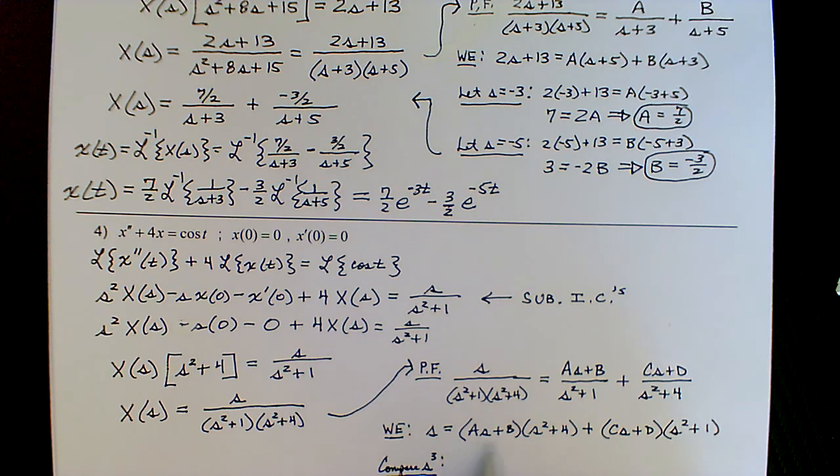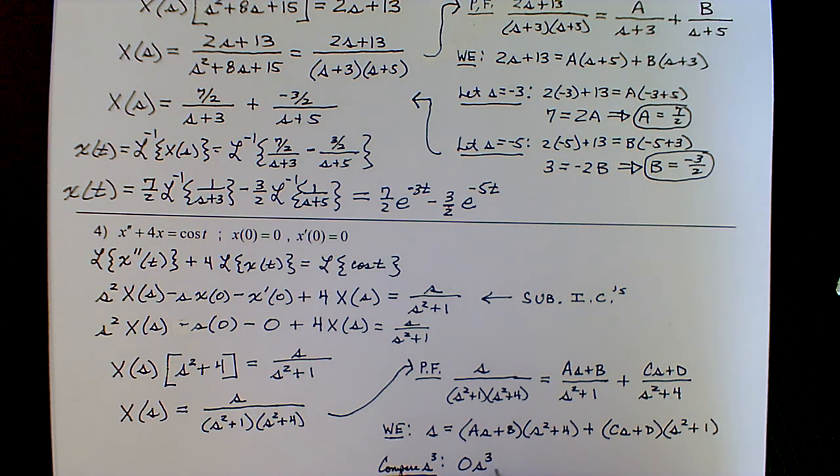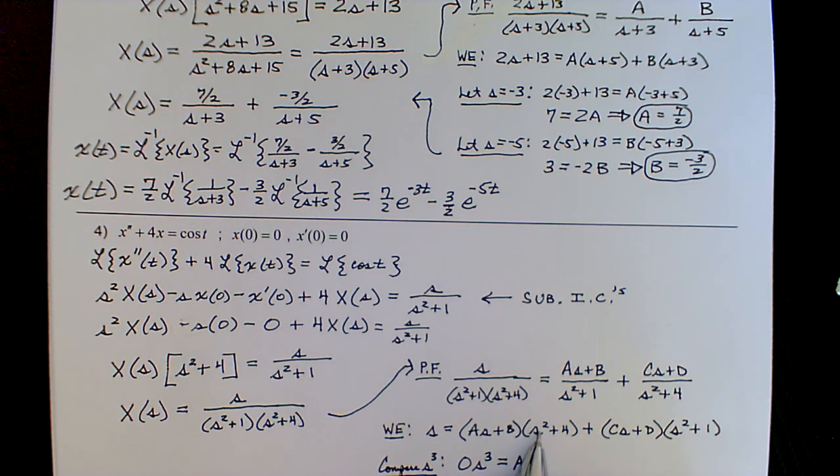beginning with the highest power of s in the working equation. And if you imagine distributing and foiling each of these out, you'd get s cubed. So I'm going to compare the s cubes. On the left, there are 0 s cubed. On the right, there is an as cubed, coming from the product of as times s squared.